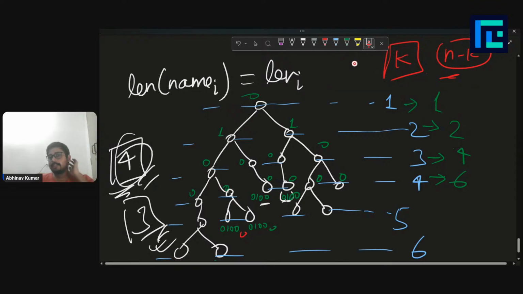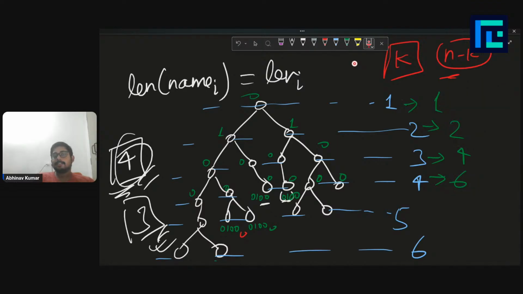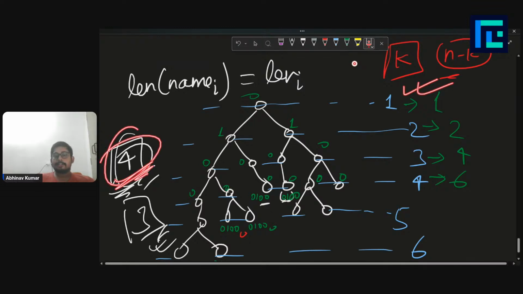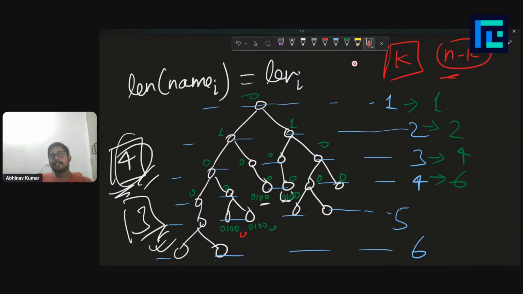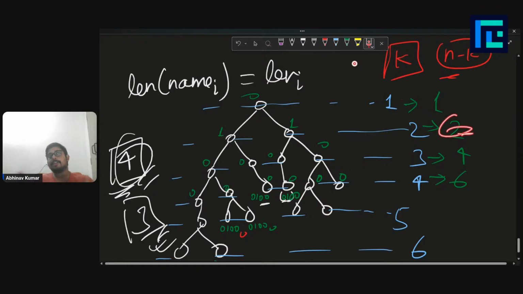As well as for the remaining, 2 plus 6, that should be less than equal to n minus k. If that is possible, then you would say a valid assignment is possible. Whatever is the minimum level with a leaf node, that is your answer. If it is not possible, then in any one particular level you can have a mix of zeros and ones. You can say just 4 minus 1 would be my answer.